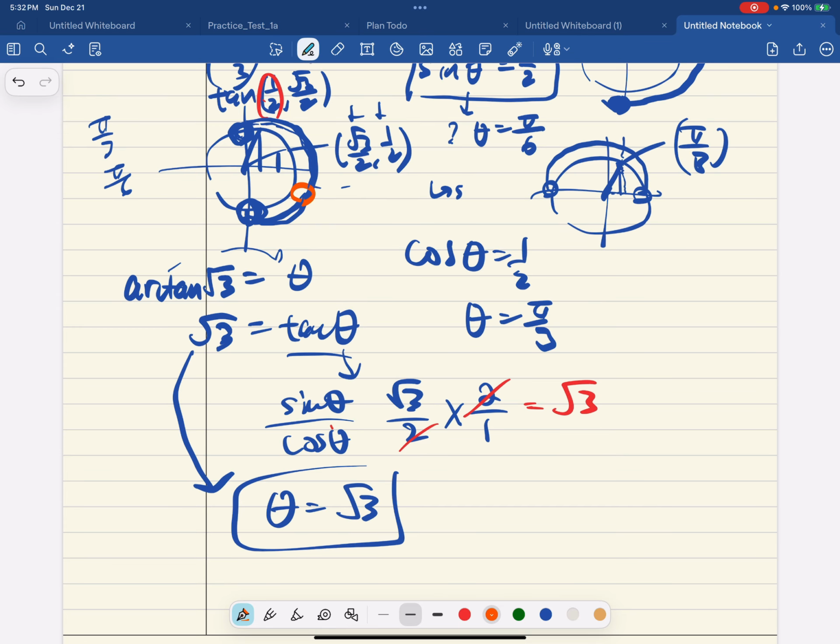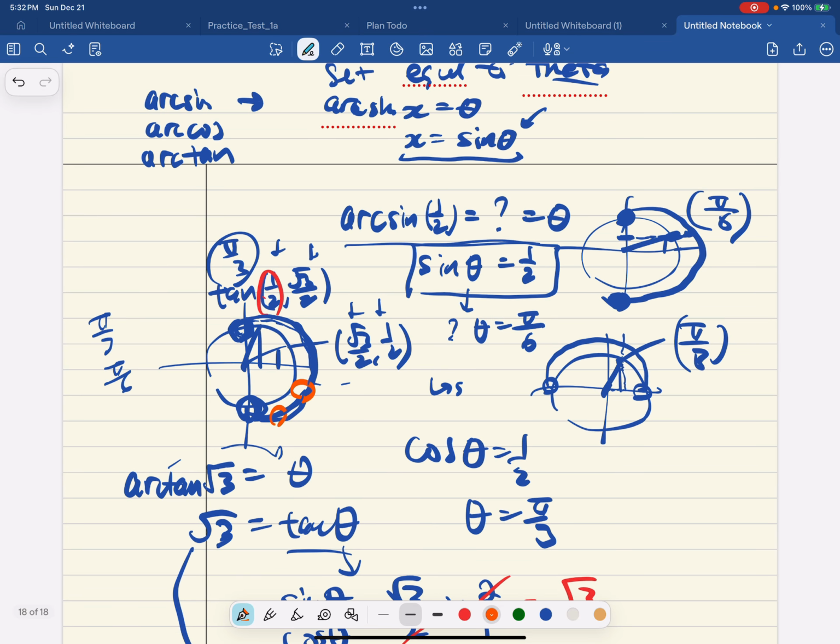When you have a value at the bottom here, under the x-axis, always use the negative pi over 6 or the negative pi over 3 or the negative pi over 4. Do not use 11 pi over 6 or, what is this going to be? 7 pi over 4, yeah.